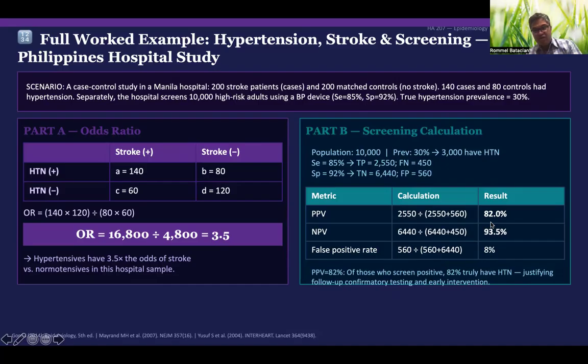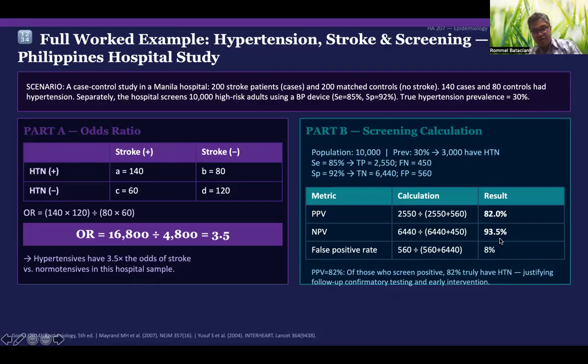So that is it, and the result is 82%. The negative predictive value, meanwhile, is the ratio of those who are true negative compared to those who are detected negative based on the diagnostic tool.